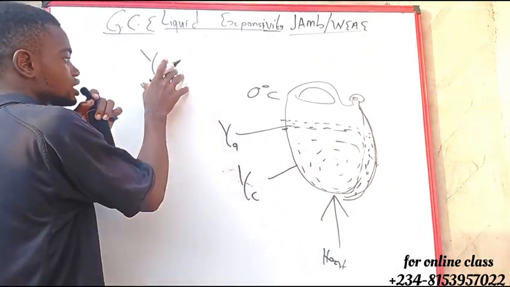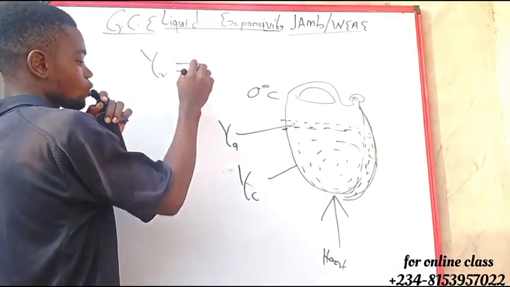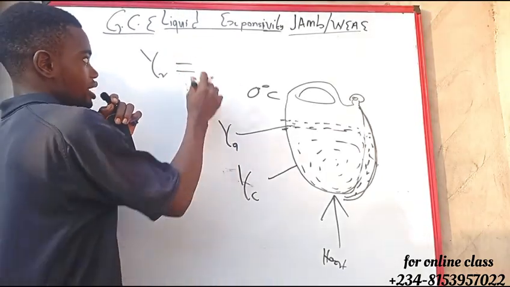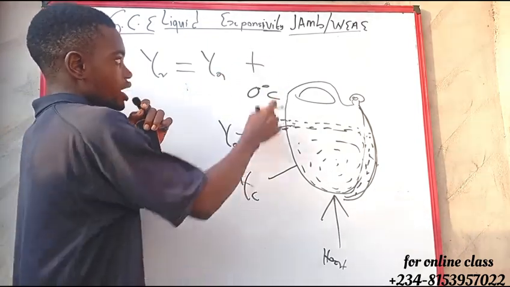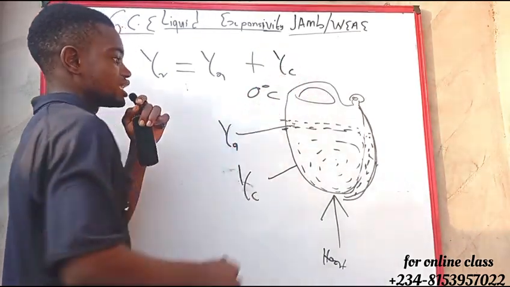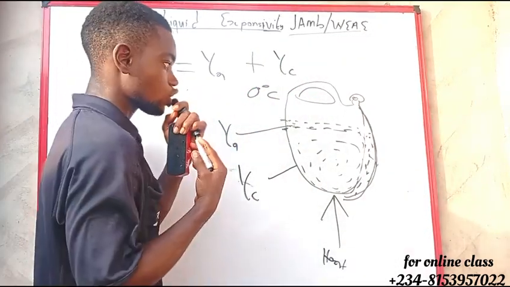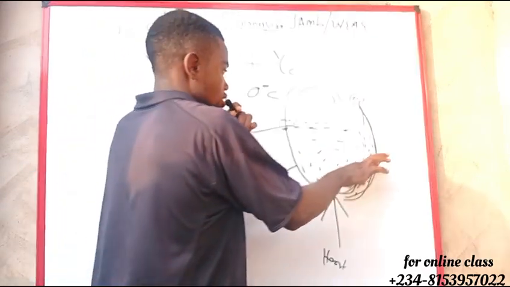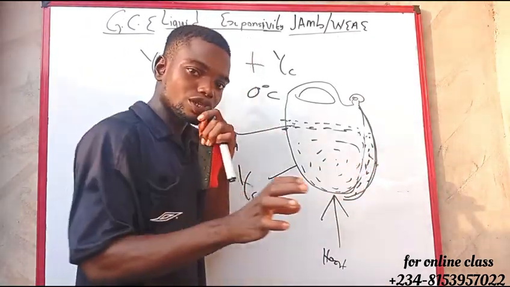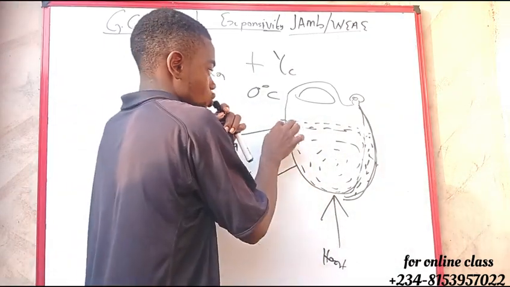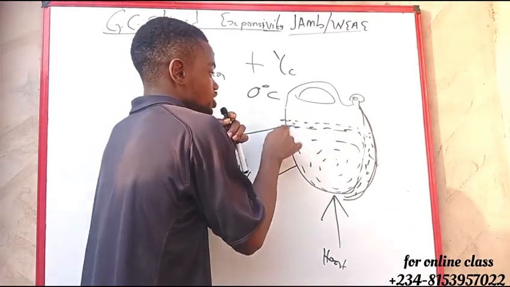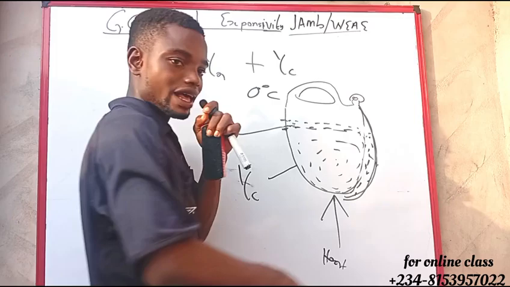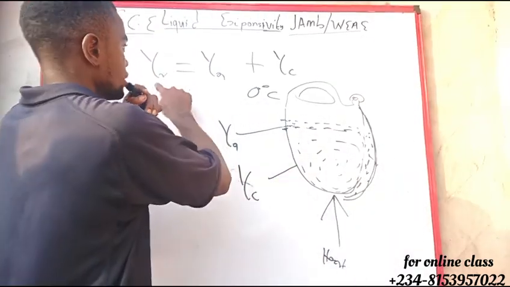Hence, real expansivity of liquid is equal to apparent expansivity of liquid plus cubic expansivity of the vessel. So the vessel also expands, and some liquid enters that expansion point, and that is why it is very small. Assuming the vessel does not expand, it's going to increase here, but some liquid has filled that space.